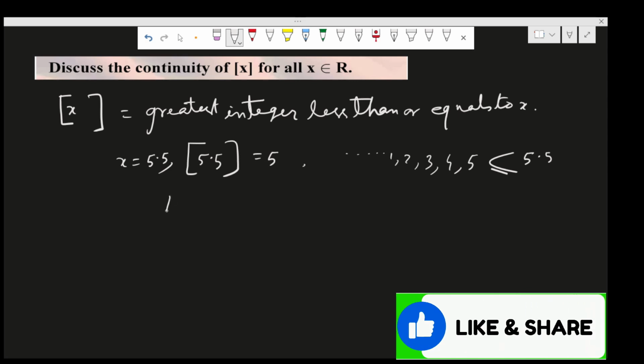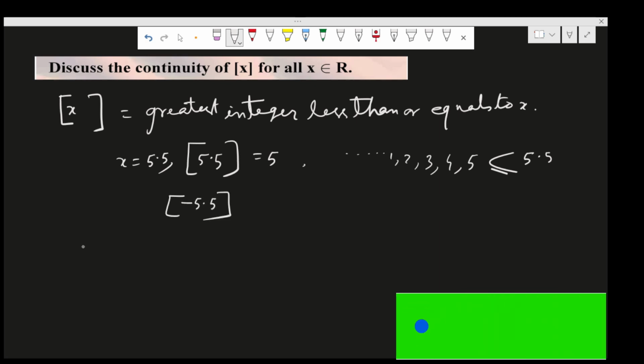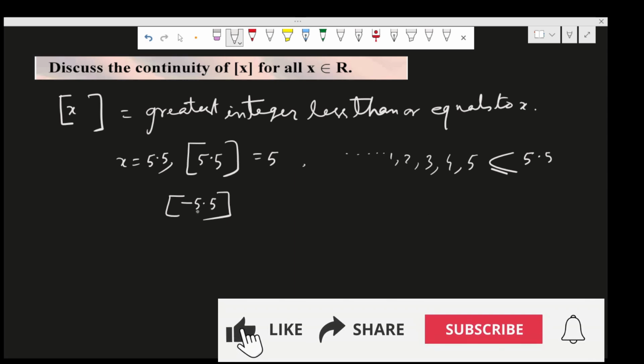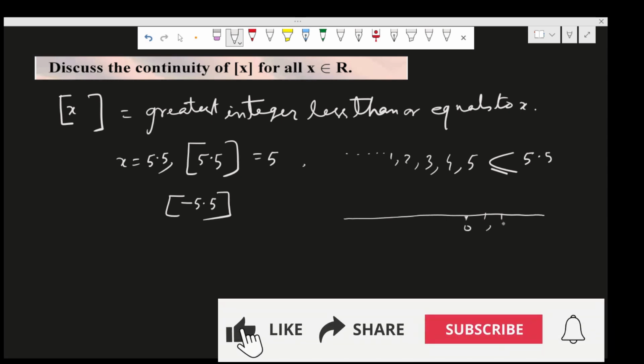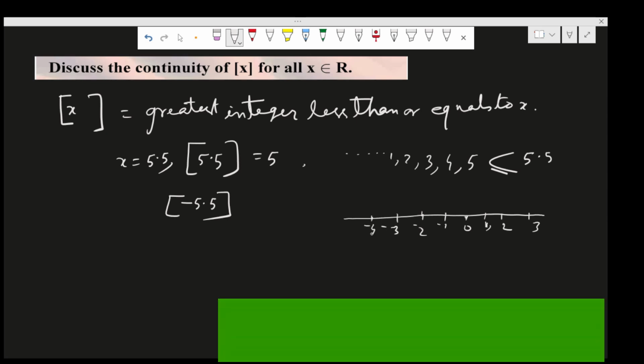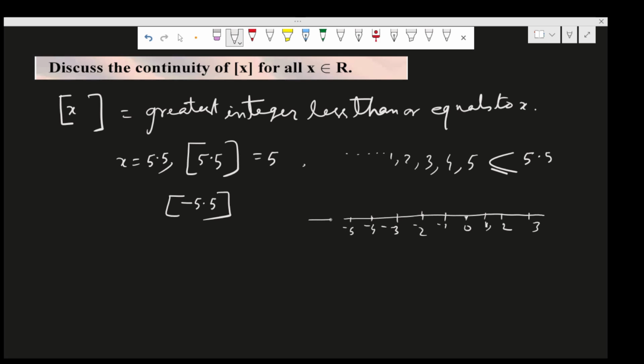Take another example. Suppose minus 5.5. Then minus 5.5, less than the integers. Consider real numbers, real line. This is 0, 1, 2, 3, and so on, minus 1, minus 2, minus 3, minus 4, minus 5, minus 6.